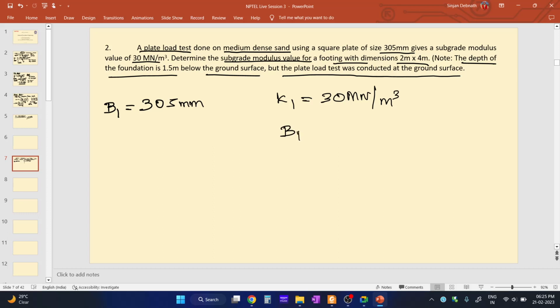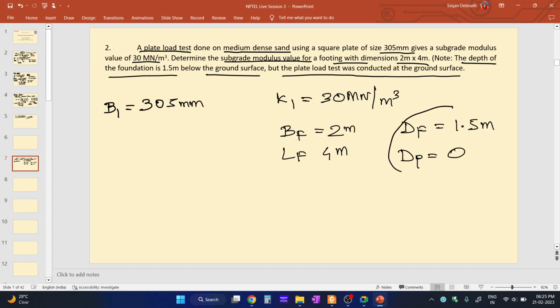That is, breadth of the footing is equal to 2 meter, length of the footing is equal to 4 meter. Now the depth of the foundation is 1.5 meter below the ground surface, but the plate load test was conducted at the surface. So depth of the plate is 0 over here.